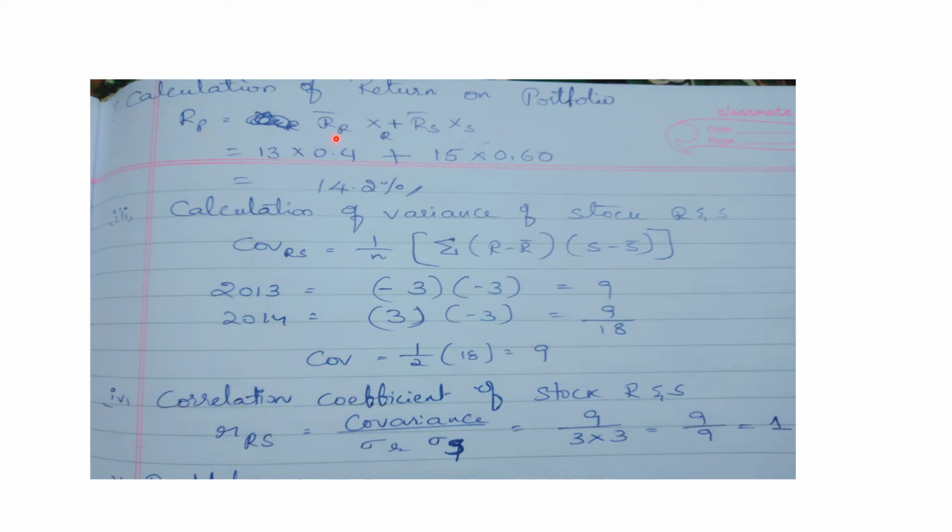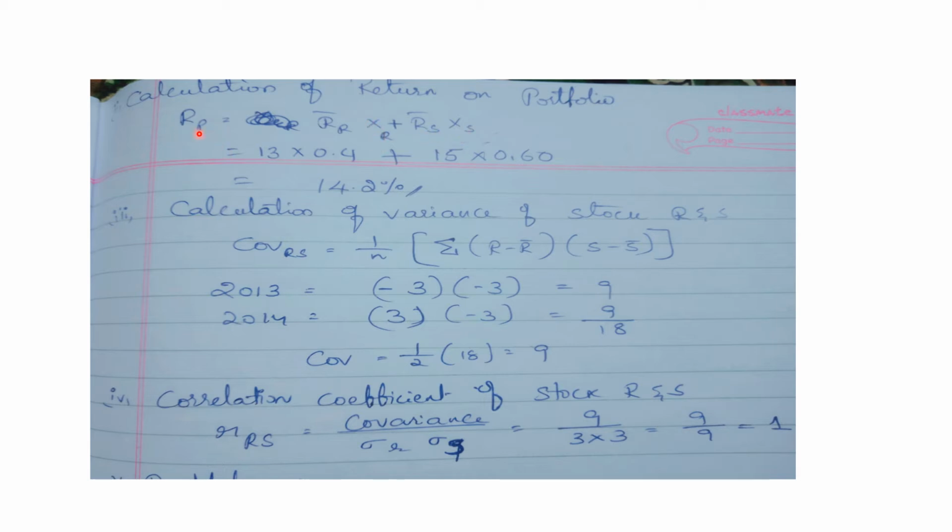So that is R bar R into weight of R plus R bar S into weight of S. The weights here you can take as W or X. Any letter you can use, but a relevant letter should be used, either X or W.